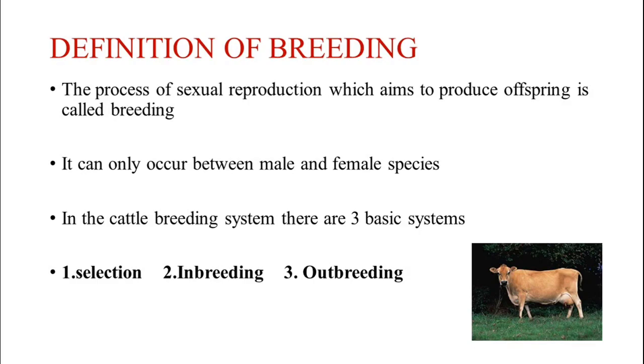Breeding is the process of sexual reproduction which aims to produce offspring. You know pretty well that breeding can only occur between male and female. In the cattle breeding system, there are 3 basic systems. The first one is selection, the second is inbreeding, the third is outbreeding.